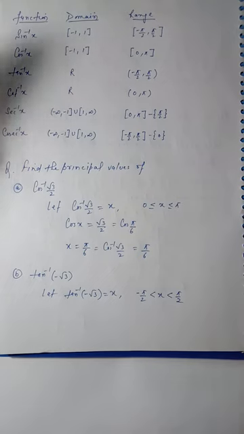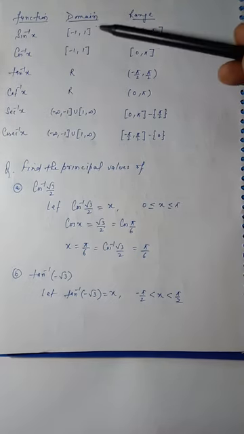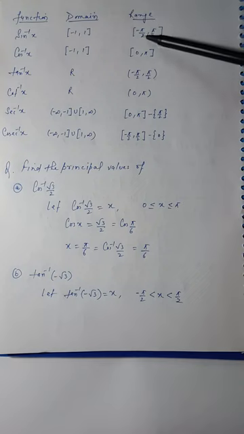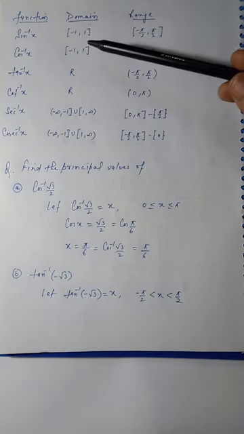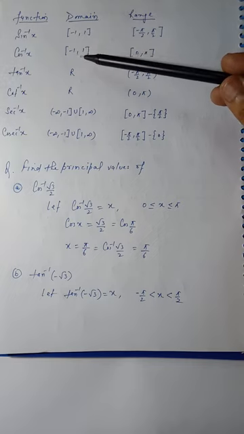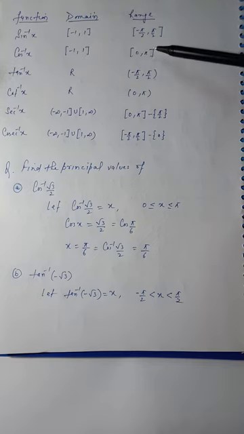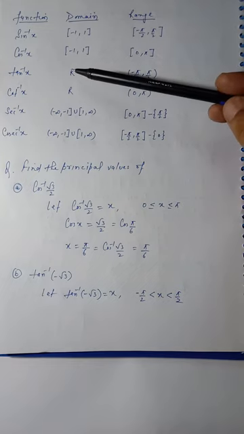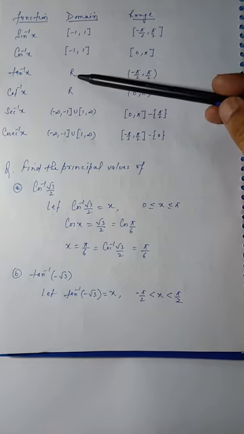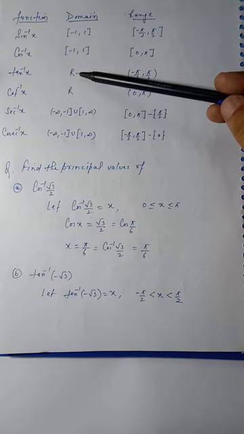So the domain of sine inverse is from minus 1 to 1, whereas the range is from minus pi by 2 to plus pi by 2. Similarly, from the graph, the domain of cos inverse is minus 1 to 1 but the range is 0 to pi. These are closed intervals. In case of tan, the domain is all real numbers, because we already know the range of tan is all real numbers.